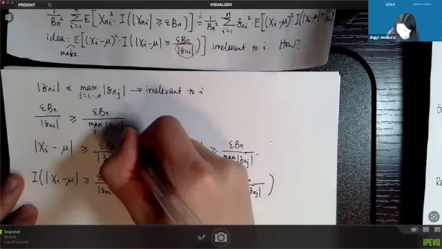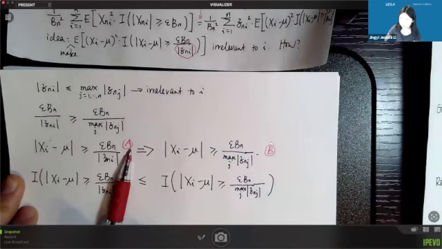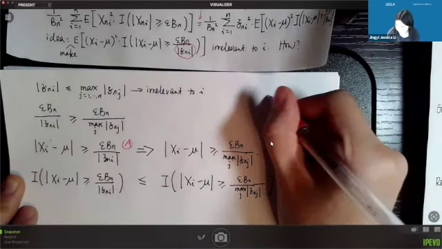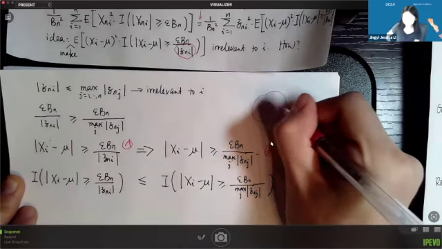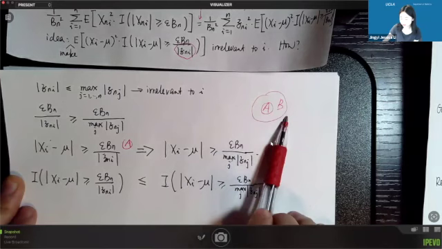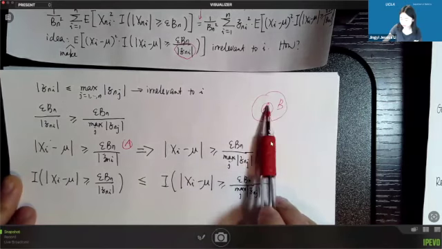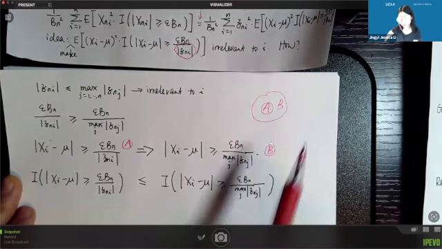If we call this event A, event B, then event A implies event B means what? The Venn diagram will be something like this. The set containing event A is inside the set containing event B. That's why when A happens, B must happen. And then you can see clearly the indicator of A is less or equal than the indicator of B.